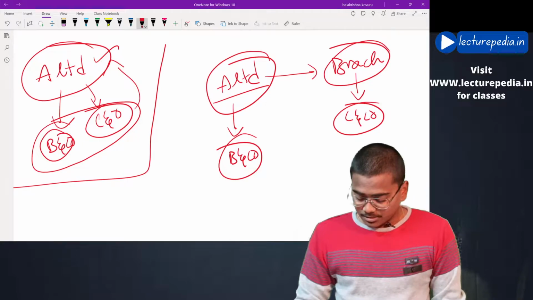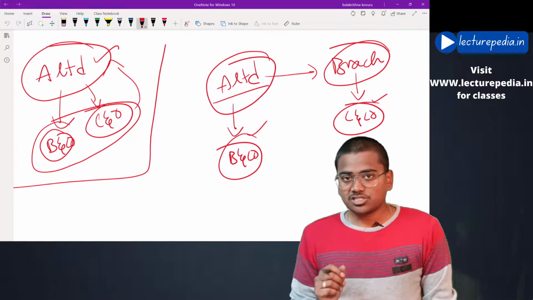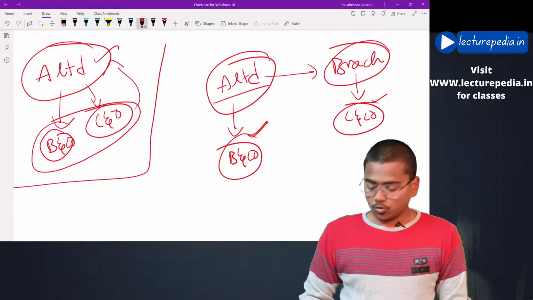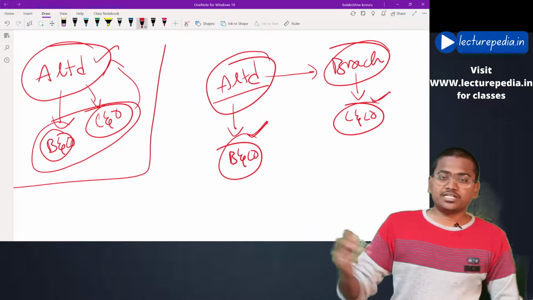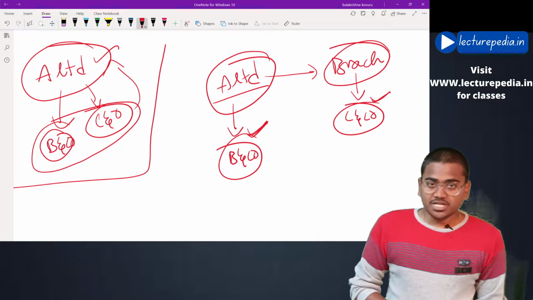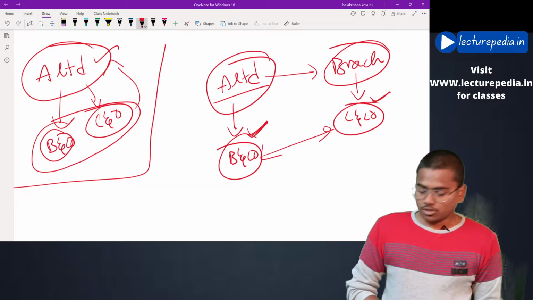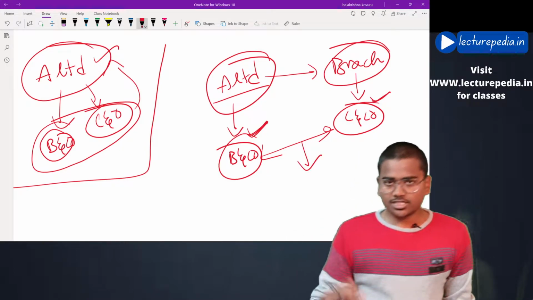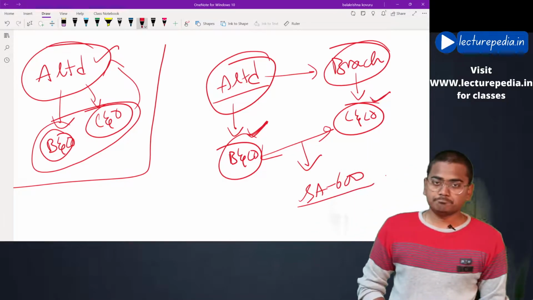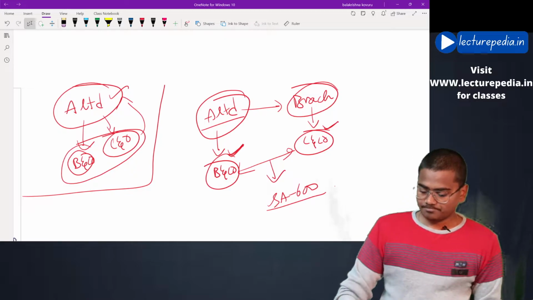Now, whether B and C together can be called joint auditors, the answer is no. For B and Co, C and Co is the other auditor, and for C and Co, B and Co is the other auditor. Thereby, we cannot call these two people joint auditors. Basically, the concept relating to other auditors will be covered under SA 600. This is the difference between joint auditor and other auditor.